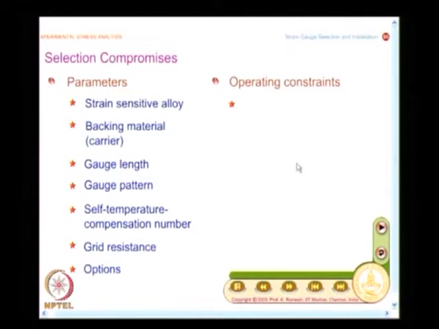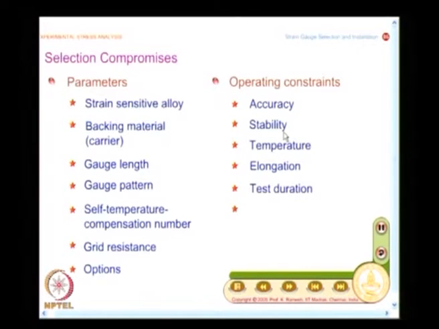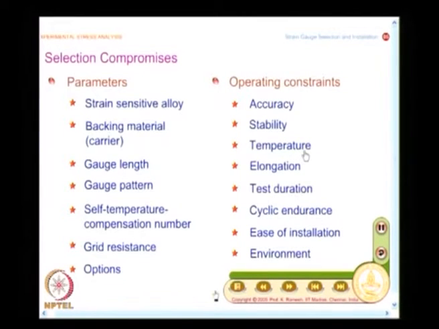And let us look at what the operating constraints are. So, we have to focus on accuracy. The measurement should be stable for long durations of time, and at what temperature I need to make the strain gauge measurement, and what is the level of strain I am looking at, that is dictated by the elongation, and the test duration.